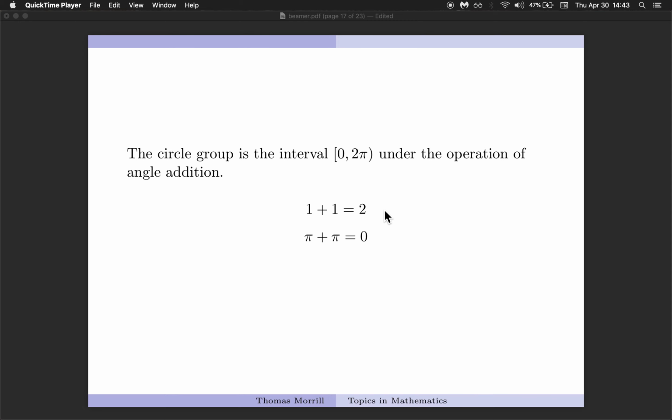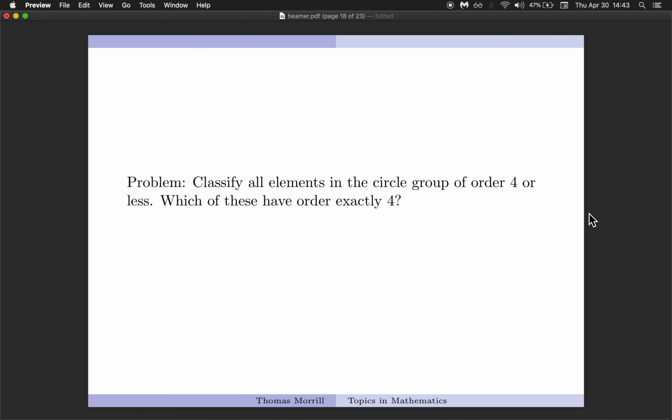Okay, so here's a concrete problem for us to consider. Classify all elements in the circle group who have order 4 or less, and which of these have order exactly 4.